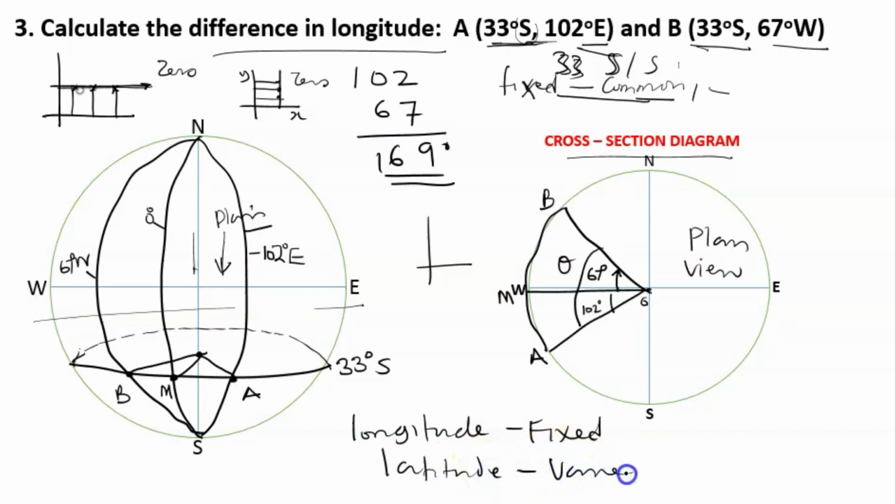So let's see how we draw that and how we calculate the difference in their angle. How do we calculate that when it comes to this particular type of scenario? So we have been able to look at the longitude being varied and latitude being fixed. We have done several examples. So now let's go to the one for fixed longitude and varied latitude.